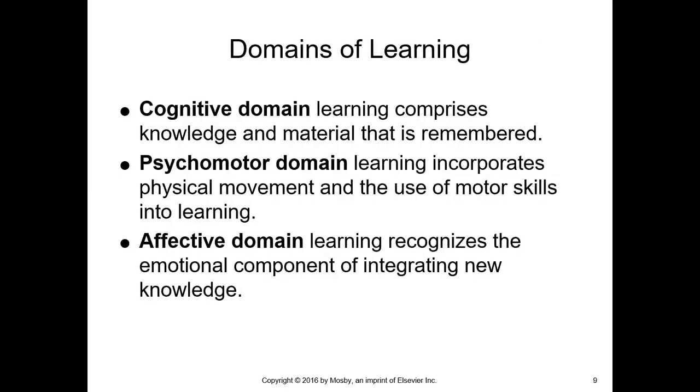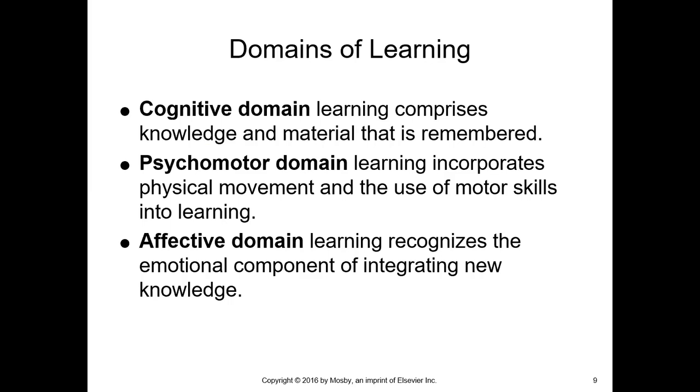So how do people learn? The cognitive domain is thinking about how I think about health information: the knowledge I have, the material that I have. When we evaluate that type of learning, it's for patients to say, "I can state the numbers or the parameter of numbers that are within normal limits for checking my blood glucose.